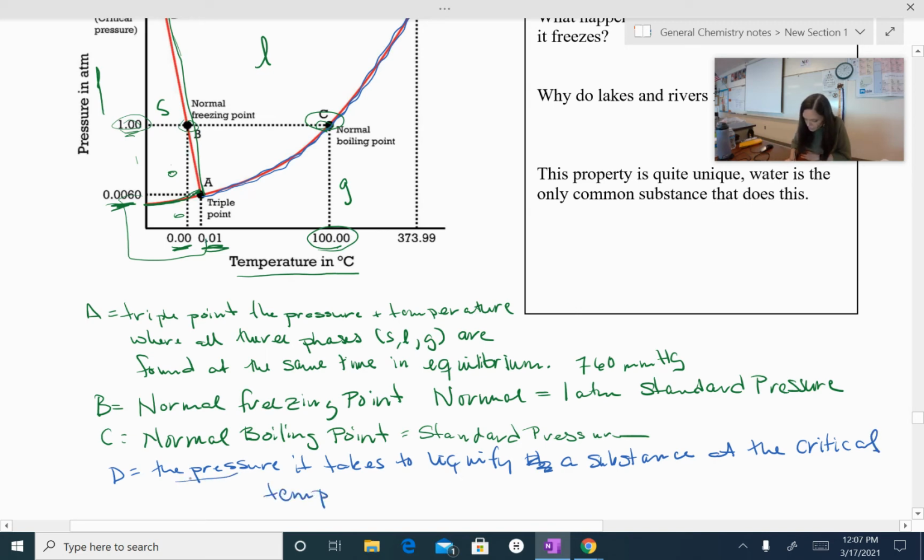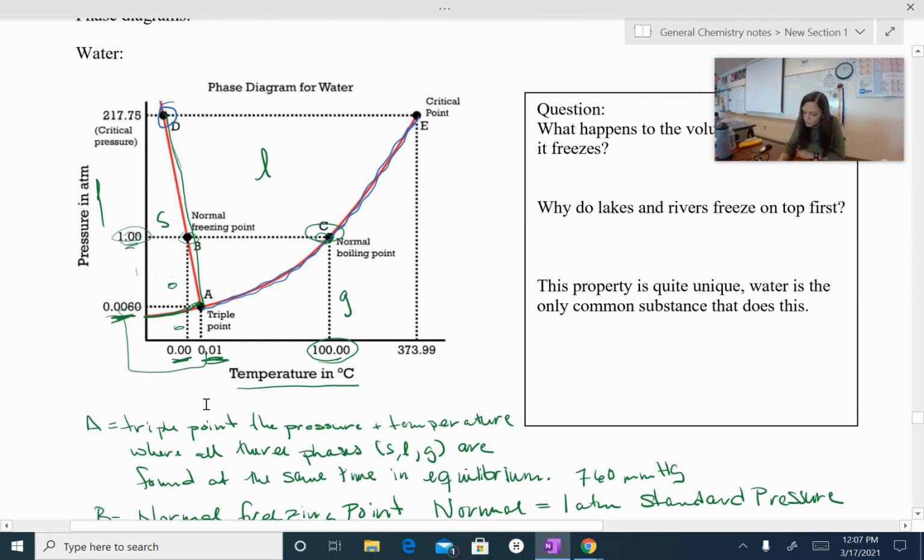So this is the critical pressure. And E is our critical temperature.